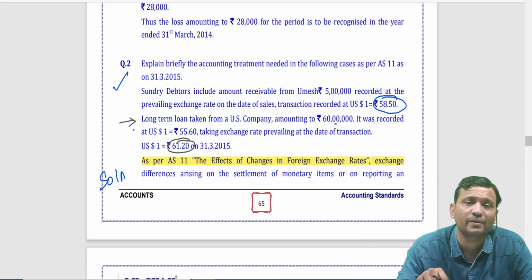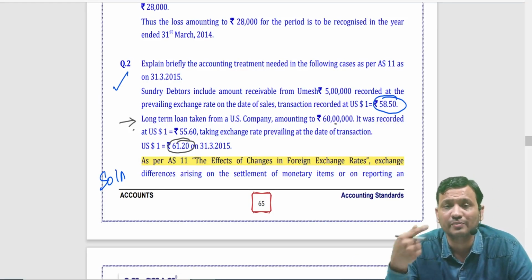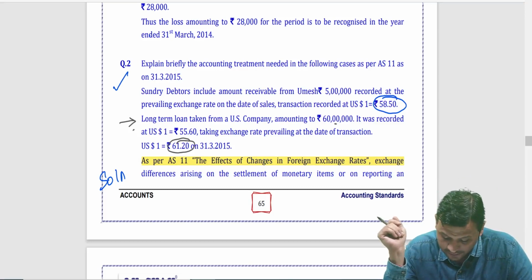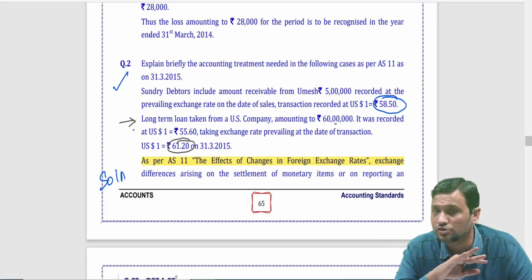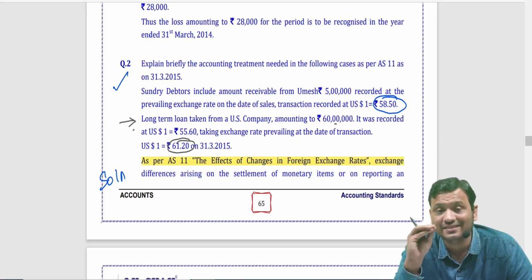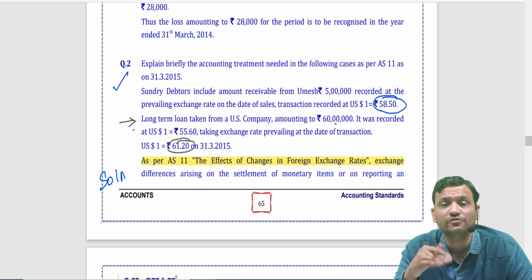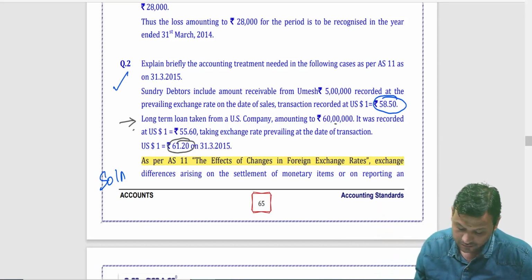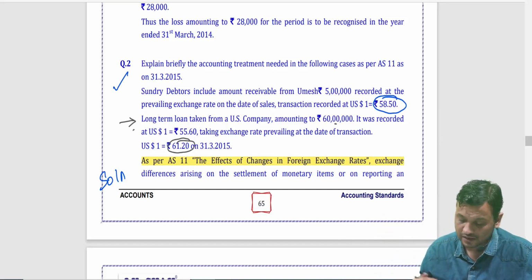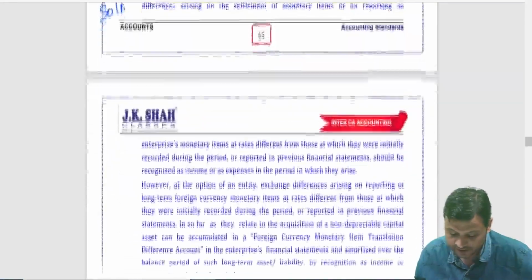But if I am applying para 46A, then the loss will be capitalized, added to the cost of the asset, if this loan is taken for an asset. If this loan is not taken for the asset, then the loss will be transferred to FCMITDA. Of course, here the question is silent, so we'll assume it's not taken for the asset.